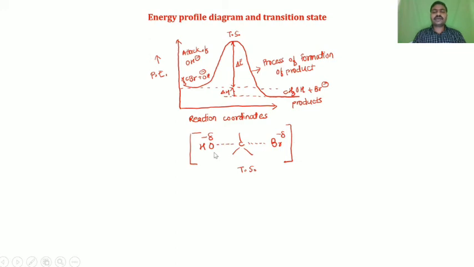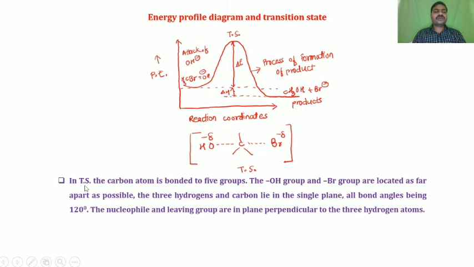and here you can see the transition state. In the transition state, the carbon atom is bonded to 5 groups. The OH group and Br group are located as far apart as possible. The 3 hydrogens and carbon lie in the same plane, with all bond angles being 120 degrees.